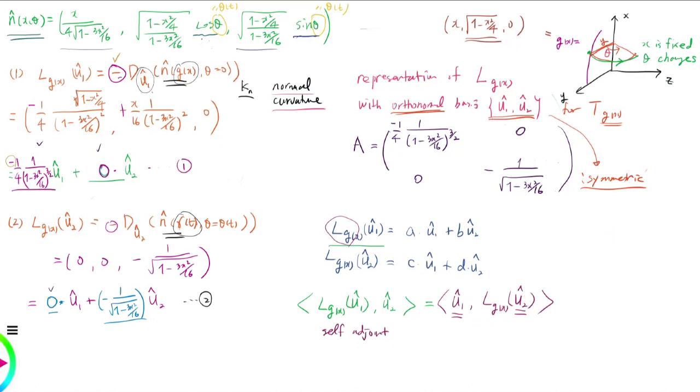Okay, so in this case, from the first case we have a times u1 plus b times u2. For the second case, we have c times u1 plus d times u2. Okay, and we take inner product with respect to u2.